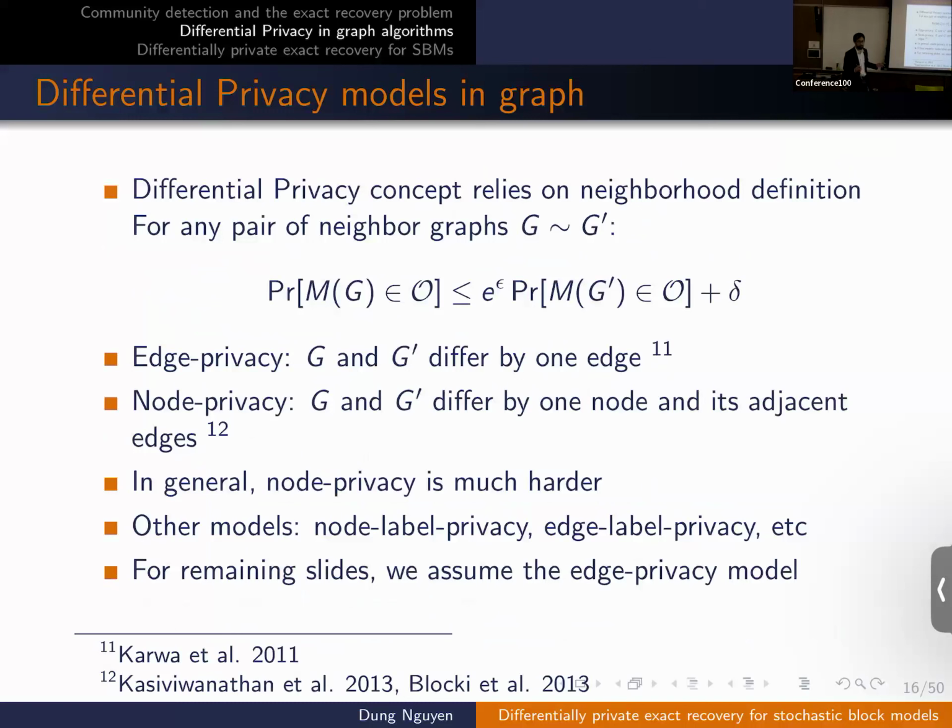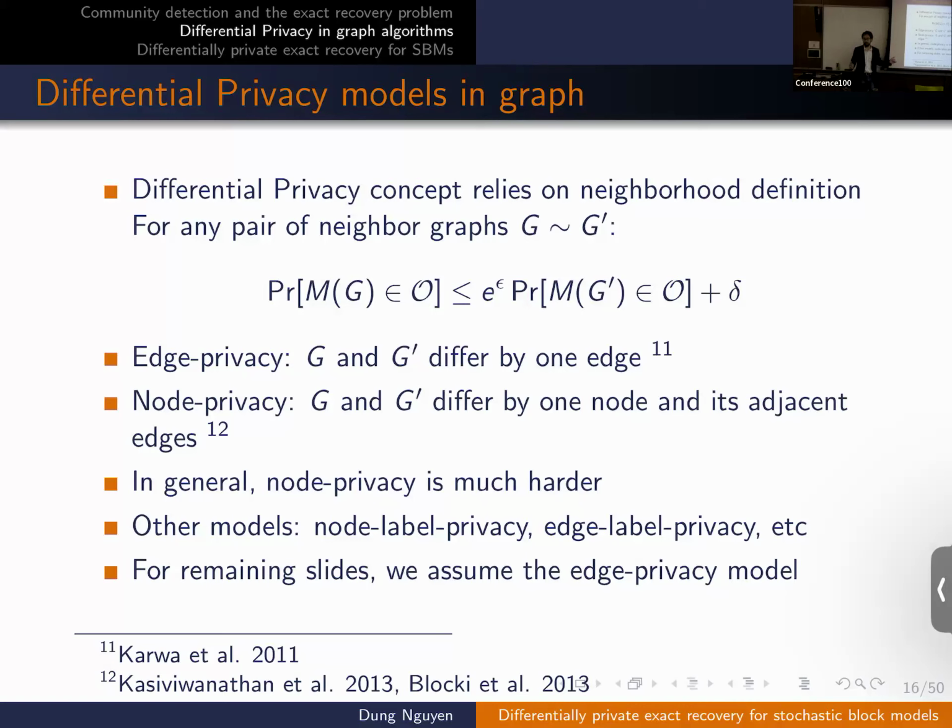In the context of graphs, there are several ways to define the neighborhood between two data sets, basically between two graphs. The model I use in this talk is edge privacy. Basically, two graphs differ by exactly one edge. There are several other models of privacy in graphs.